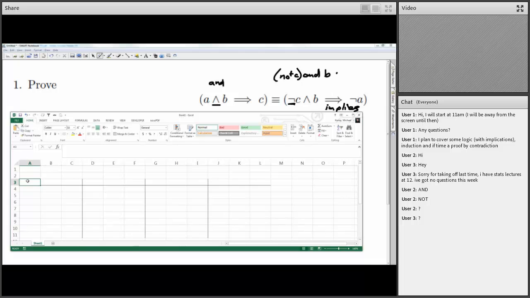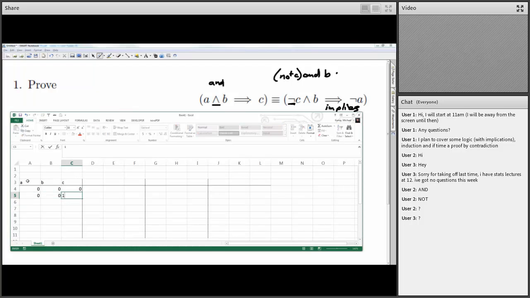So for a truth table, basically you want to think of all the different possible values for A, B, and C. Now A, B, and C are propositions. They are true, false stuff. So I've got three letters, A, B, and C, and I want to consider all possible values they can take. They can all be false, and just for short, because it's easy to do with numbers, make them all zeros.